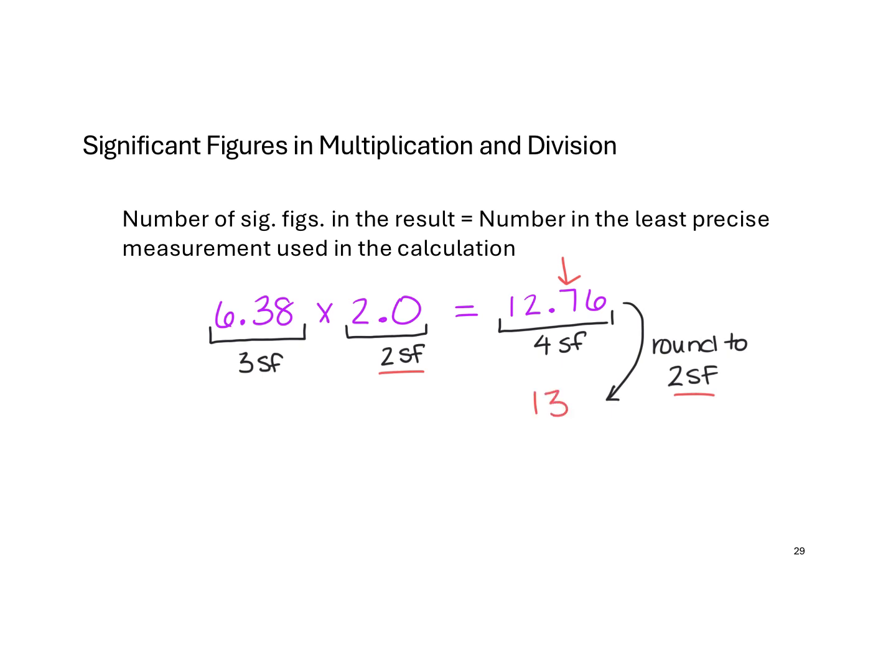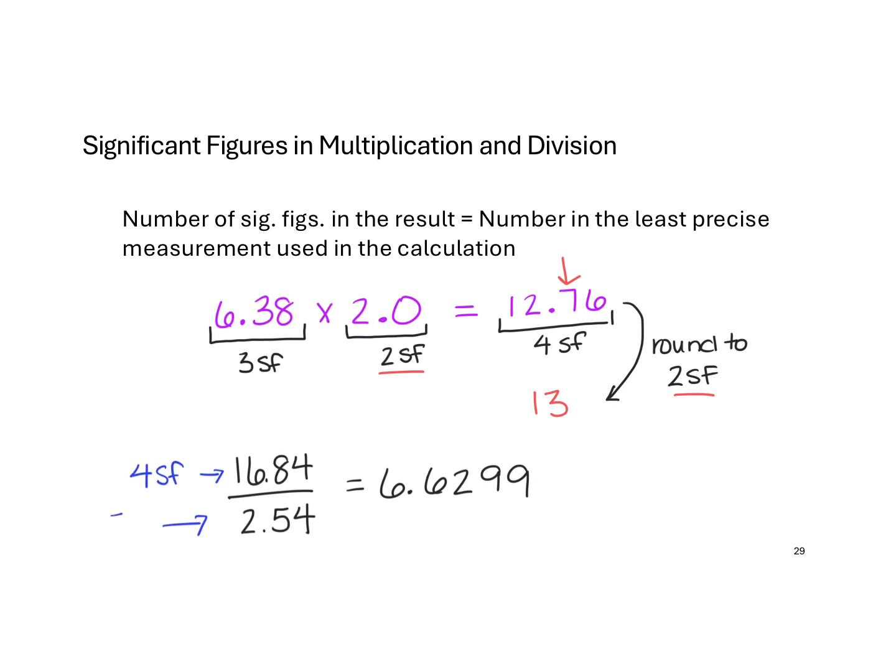You can also do this with division. So for example, if we have 16.84 and we divide by 2.54, right? And we put that in our calculator, our answer is 6.6299. We look here and we have 4 significant figures.